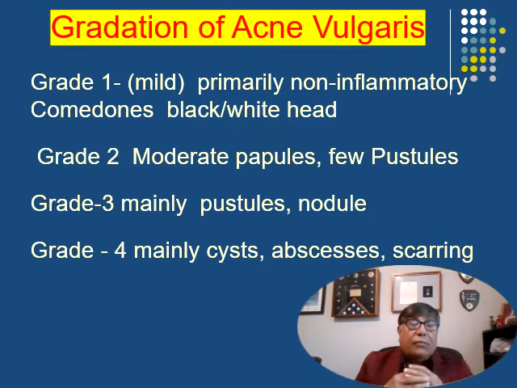It could be anywhere on the face, but the forehead is the first appearance. And I will have a very nice slide of all the gradation that I'm talking about.